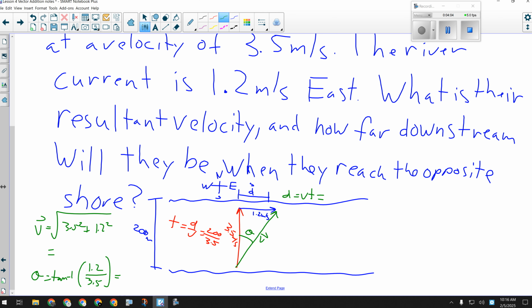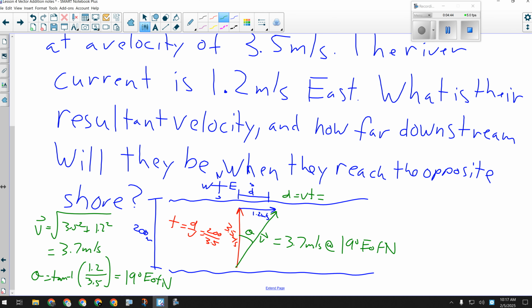So our final answer for that would be 3.7 meters per second at 19 degrees east of north. You may have also had 71 degrees north of east. As long as you have the right compass combination on there, you're fine with that one.